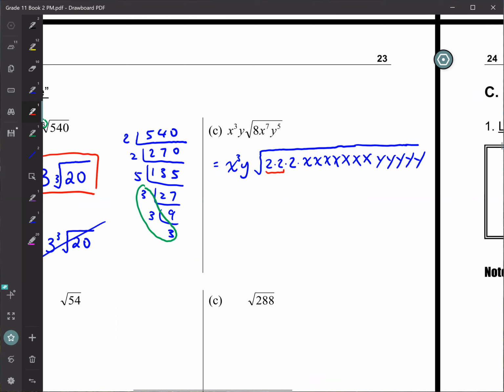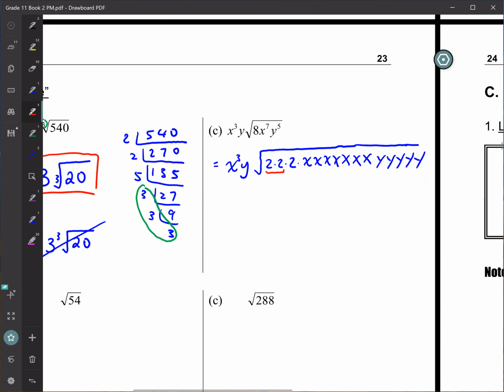Okay, how many pairs of x can go out here? Jenny? Sorry, what was the question? How many pairs of x can go out for this one? I'm not sure.